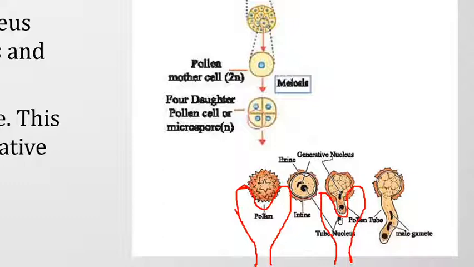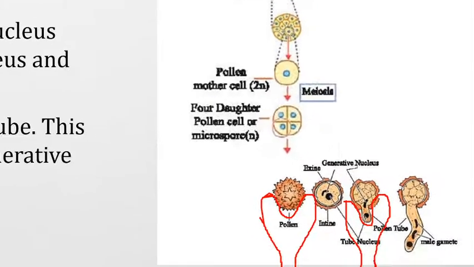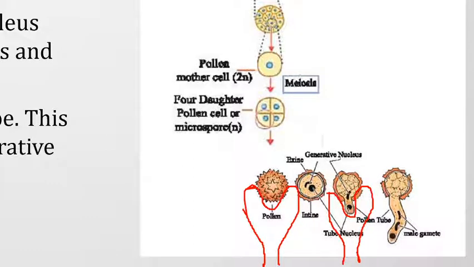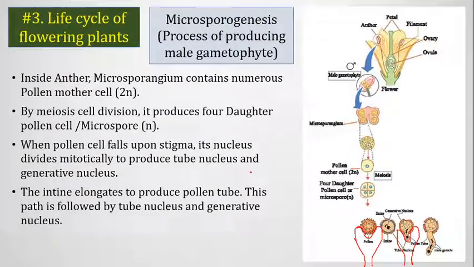The tube nucleus pushes the membrane of the intine to make a path, and this path is followed by the generative nucleus. Inside the pollen tube, the tube nucleus remains at the bottom. It makes the way, and this way is followed by the generative nucleus.